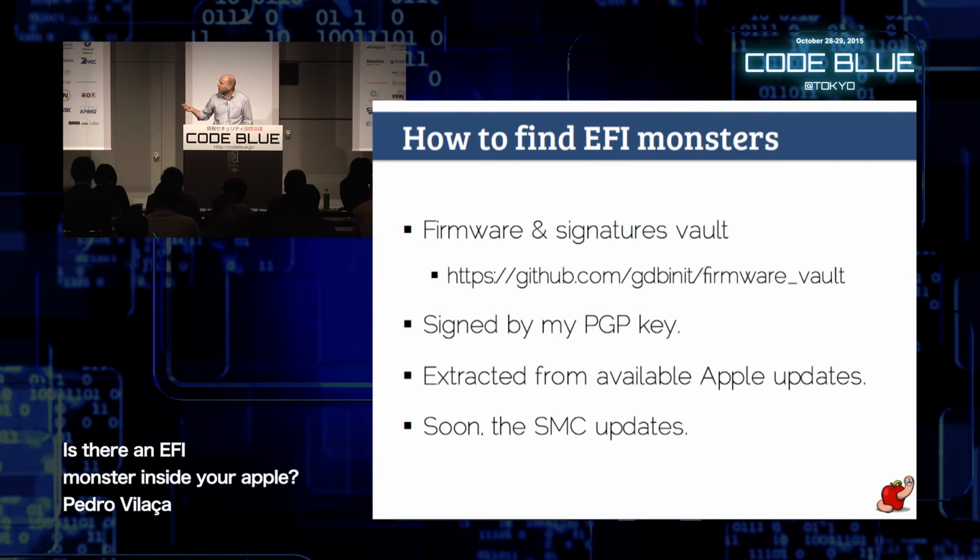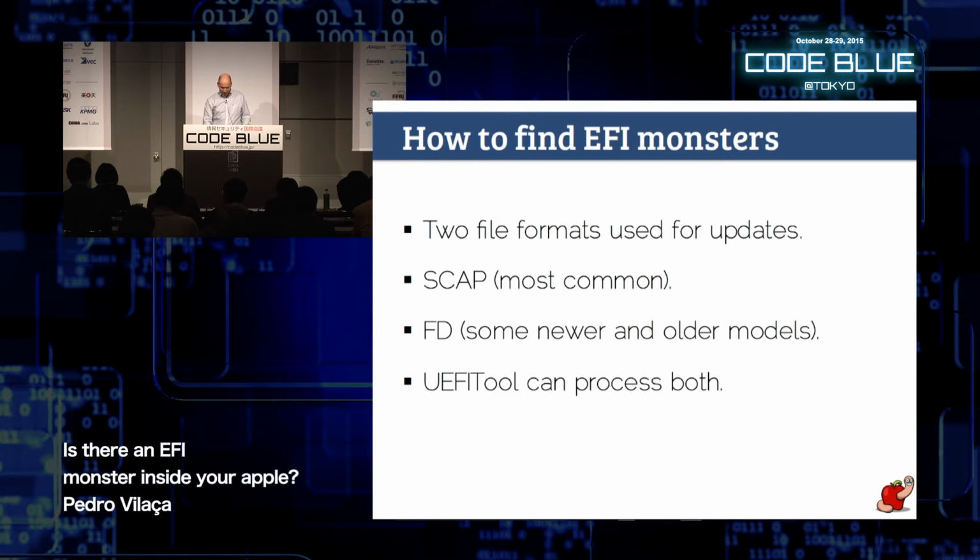So everything is extracted from available updates. I did my best to guarantee that they are legit, that they are not tampered with. Soon I will put the SMC updates there. So it's probably a very good reference. If you don't want to chase or to download yourself, you can go there, and you have all updates available there. Let me skip this.